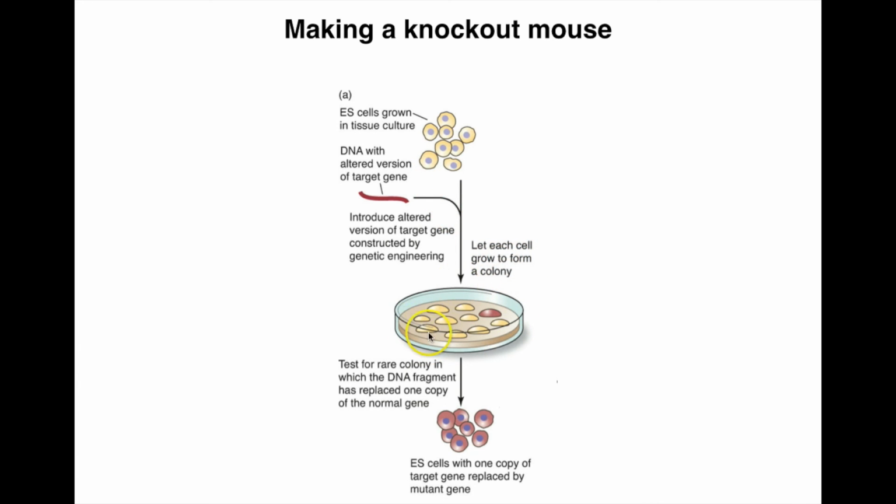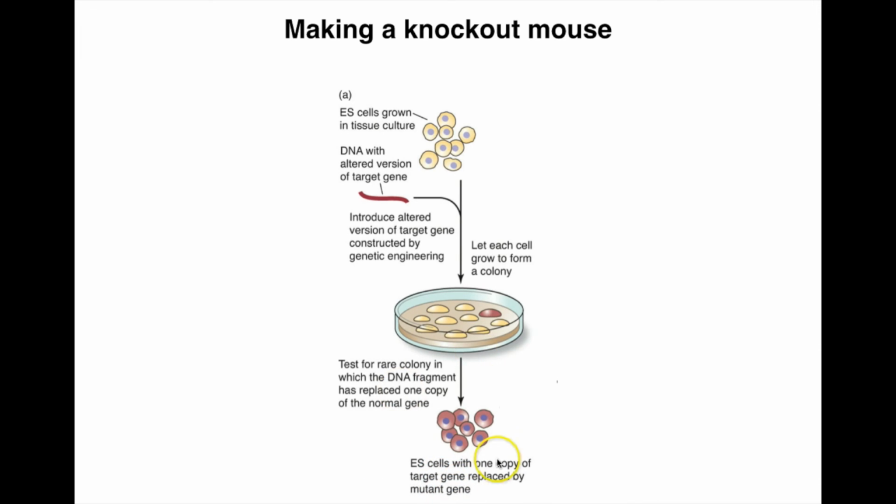All of these cells are grown up, and in our case, using the G418 and the HSV-TK model, we would select for cells that are resistant to G418 and not sensitive to FIAU. So we find the embryonic stem cells that only have the one copy of our target gene replaced by our mutant gene.